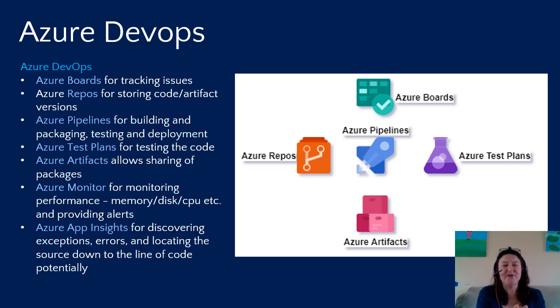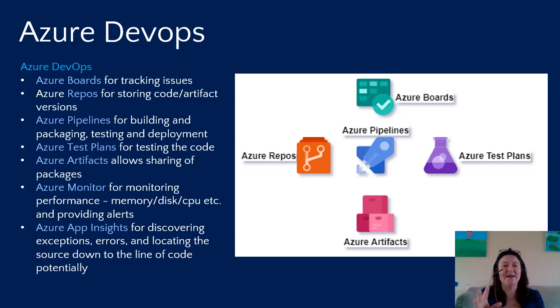Azure Monitor, we've talked about that before. Azure Monitor is not strictly part of the DevOps system, but it kind of works hand in hand with it. Azure Monitor is used for monitoring all of the resources you have in Azure, from virtual machines to load balancers to serverless Azure Functions or App Services, and everything really.